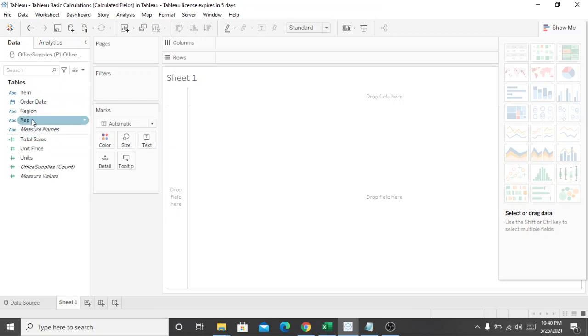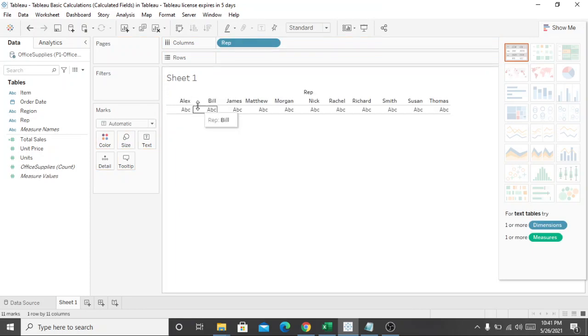Let's take the representative to the column section, and we can see Alex, Bill, James, Matthew, Morgan, Nick, Rachel, Richard, Smith, Susan, and Thomas. These are the representatives in the data set, in the CSV file. We have taken that into the column.